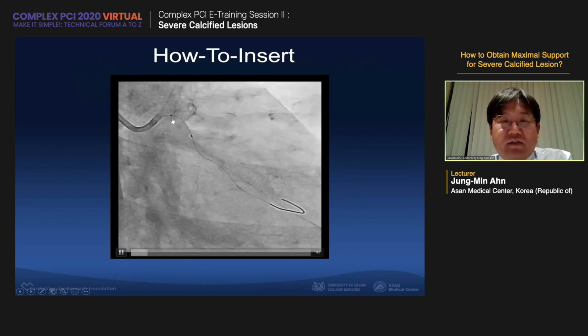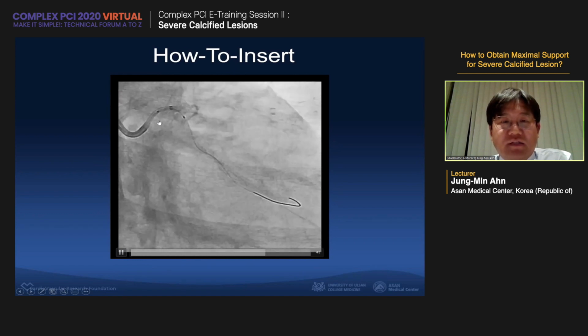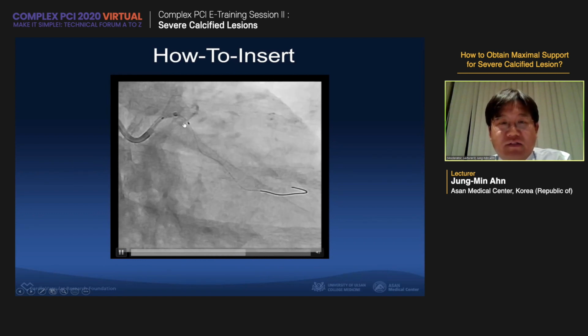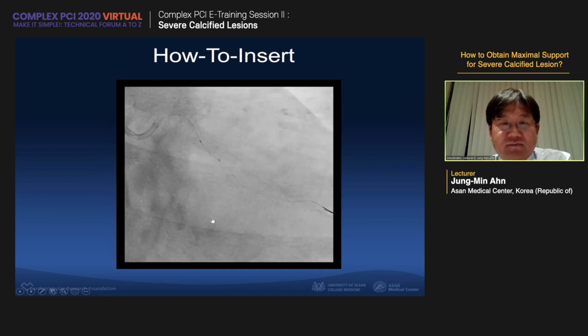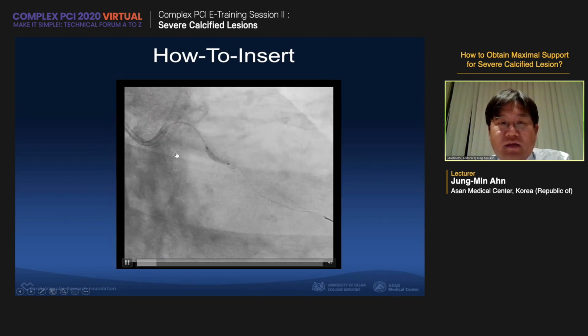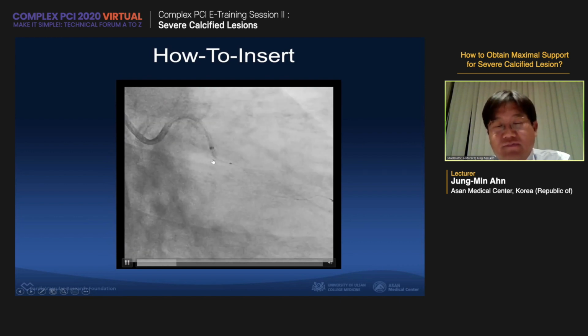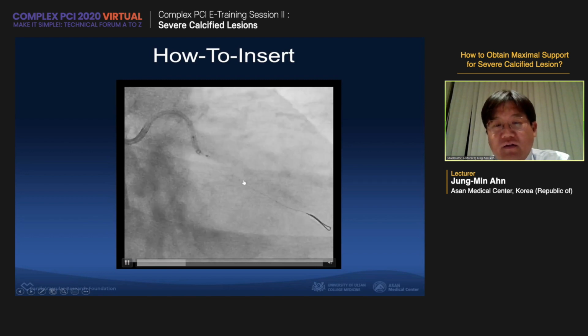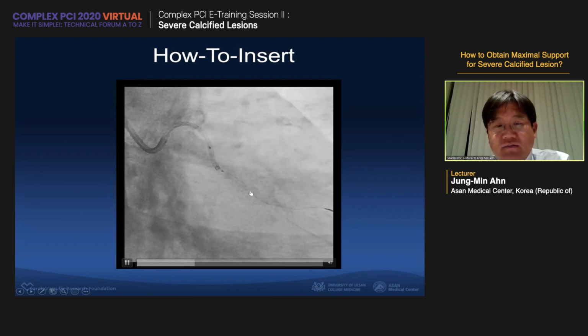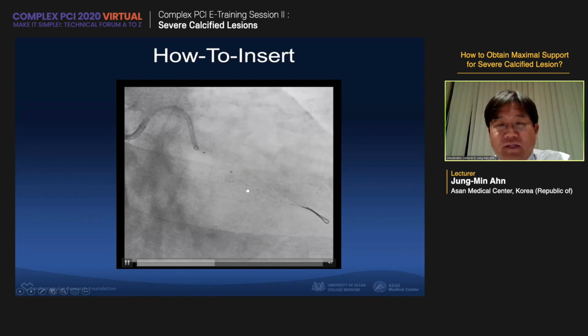So insert the balloon, and using the balloon as a guide, you can insert the mother and child catheter, GuideZilla. Inflate the balloon, insert the GuideZilla, deflate the balloon and advance the balloon further, and you can go deeper and deeper.